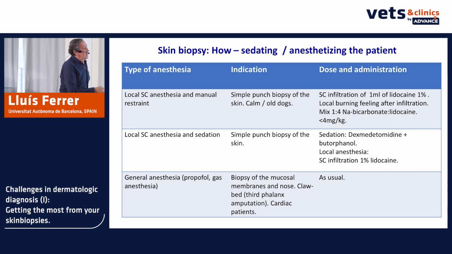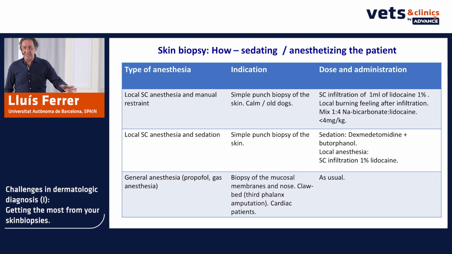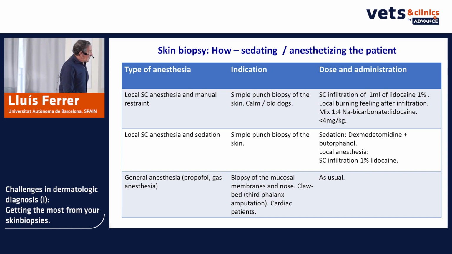We combine an alpha-2 agonist like dexmedetomidine with some opioid, butorphanol, and then local anesthesia. This is the way that in most of the cases is used to take skin biopsies. And in a few cases, you will need to use general anesthesia.